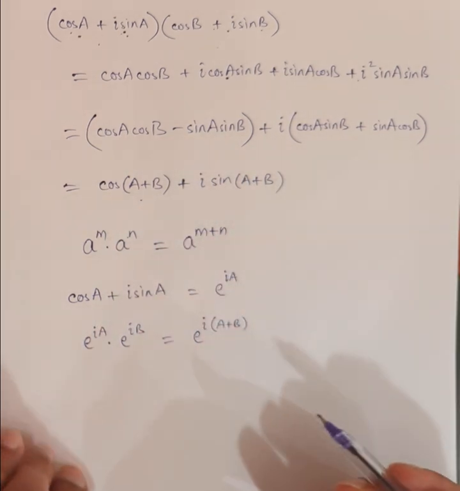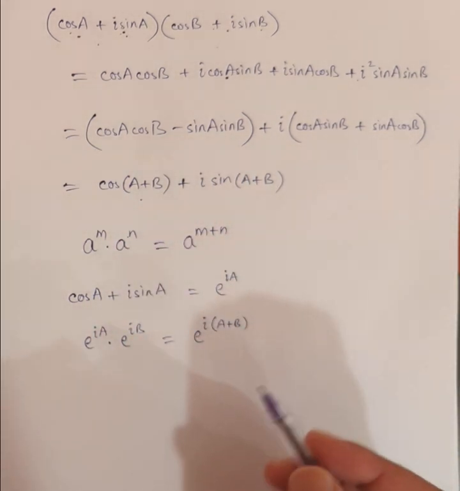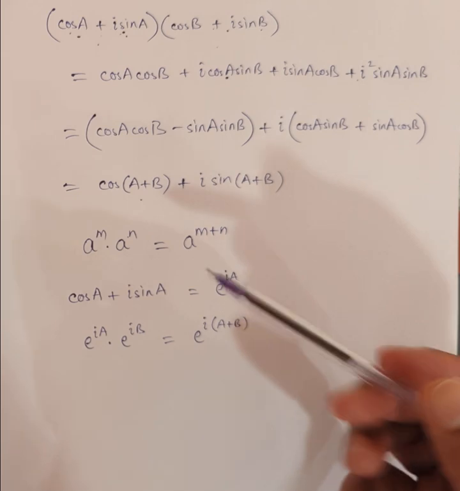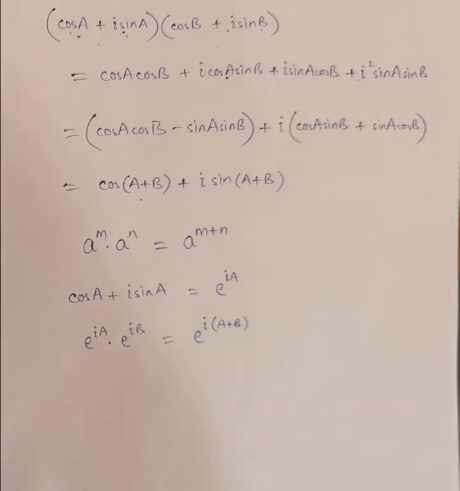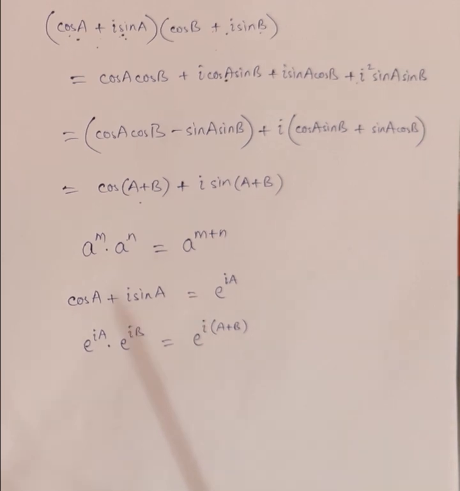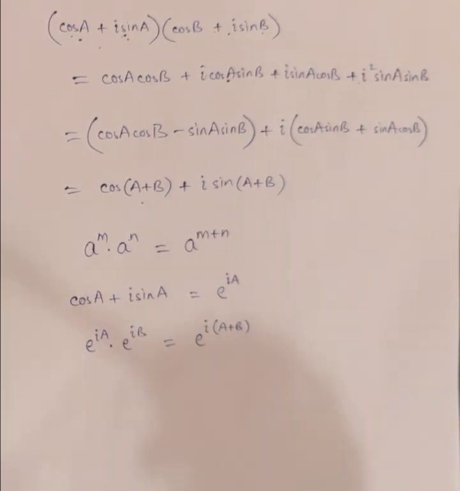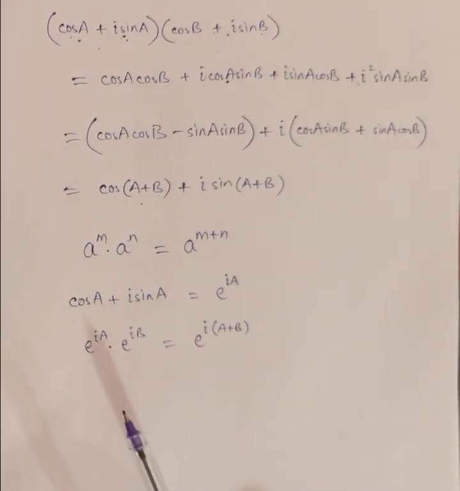And that's what we noticed here. So this is why the polar form is so useful, because it gives a nice way to multiply two complex numbers on the unit circle, and we can actually extend this idea to multiplication of any two complex numbers. We will see that in a separate video.